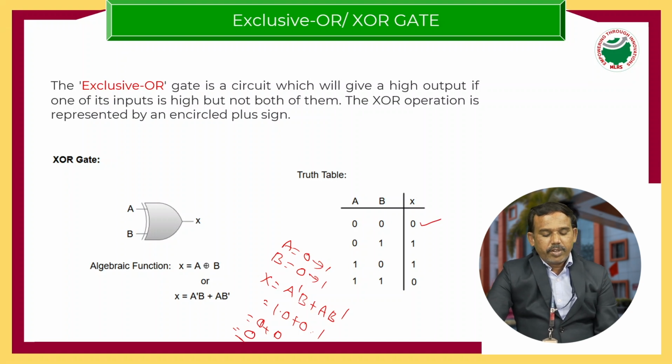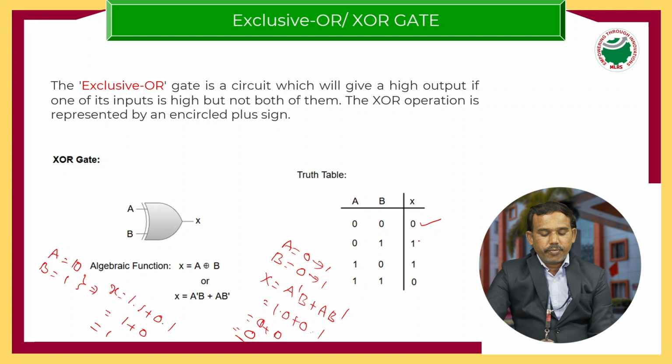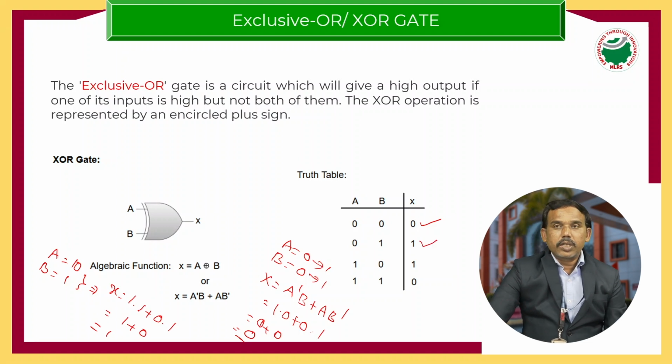In the same manner, A equal to 0, B equal to 1, then x equal to A complement 1 into B which is 1, plus A which is 0 into 1, so 1 plus 0 equal to 1. So this is the exclusive OR gate.